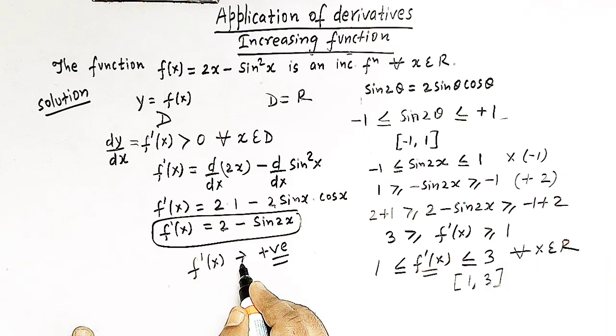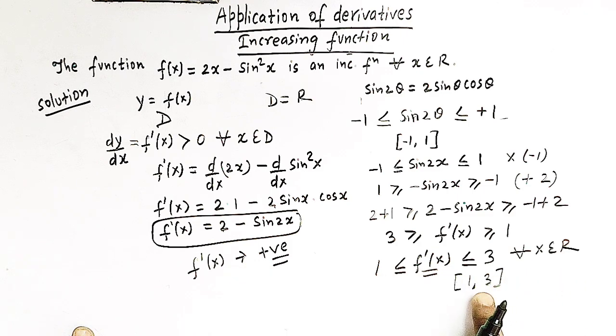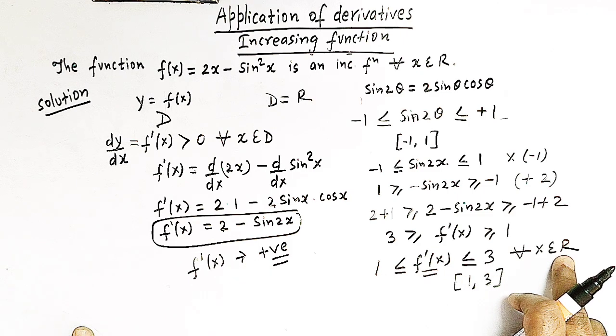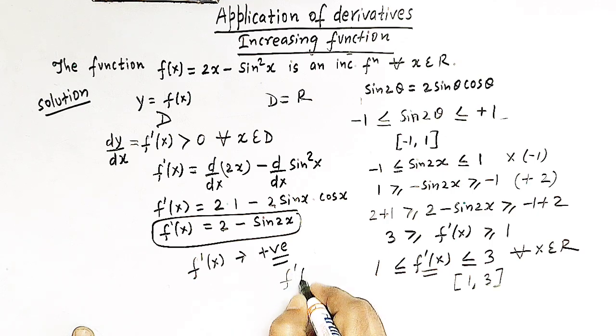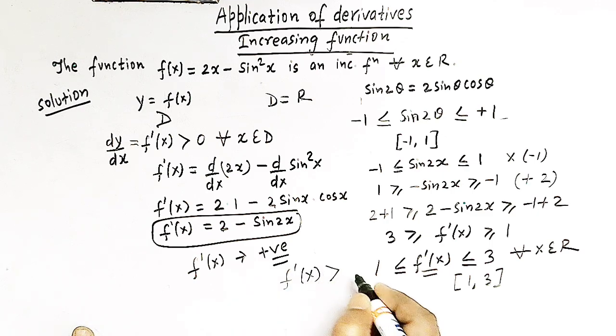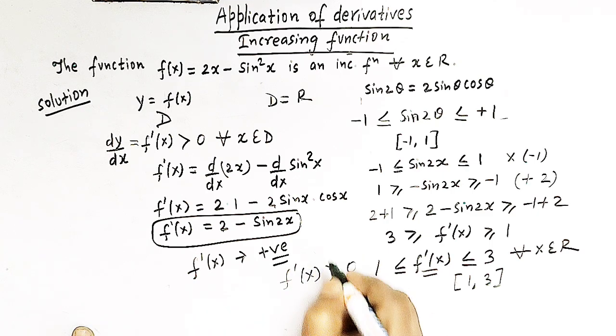So f prime of x is a positive quantity for all values of x belonging to the set of real numbers, because f prime of x has the value lying between 1 and 3 and both these numbers are positive, right? So we can now write here f prime of x is always greater than 0 for all x belonging to R, right?